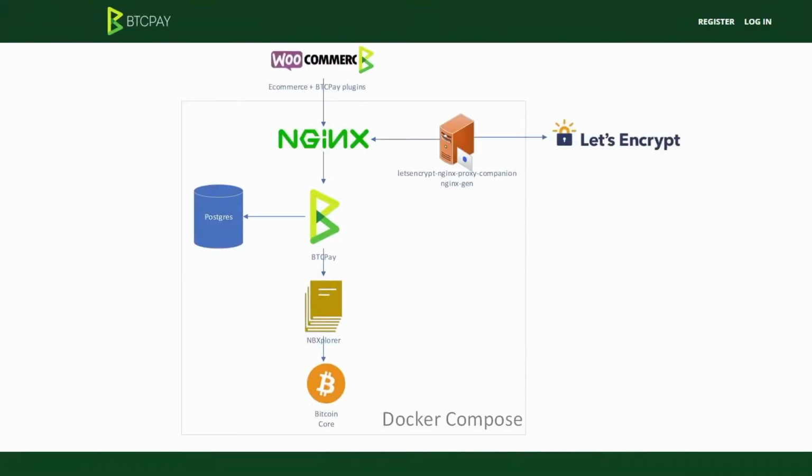So, what do we need when we are running BTCPayServer? What is under the cover? There are many things. So when you run BTCPayServer, you have, of course, BTCPayServer. It's a normal server, and it's using Postgres as a backend.